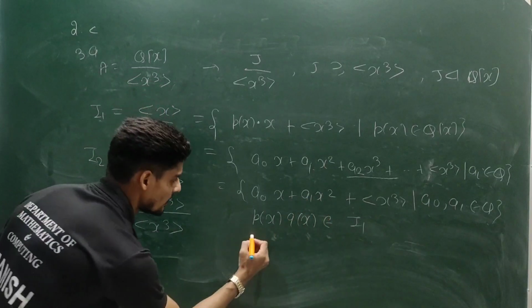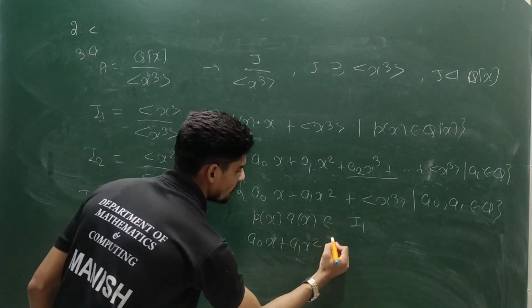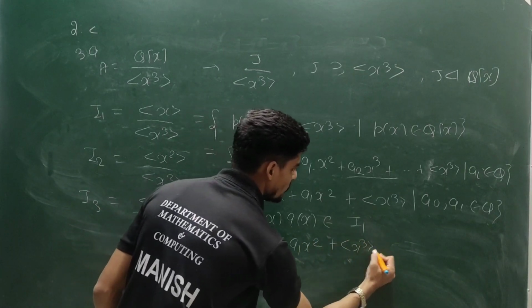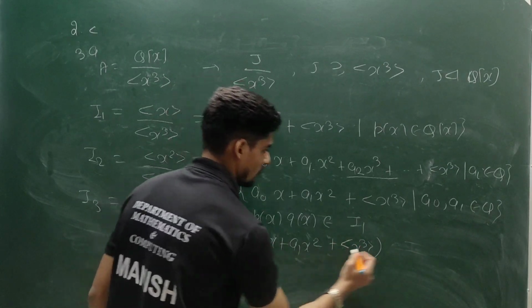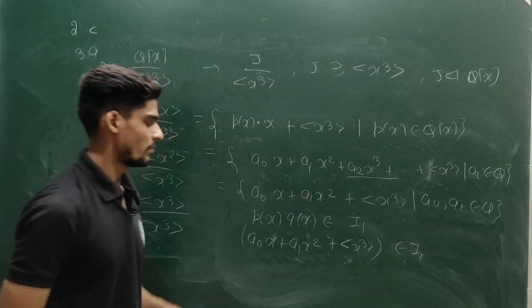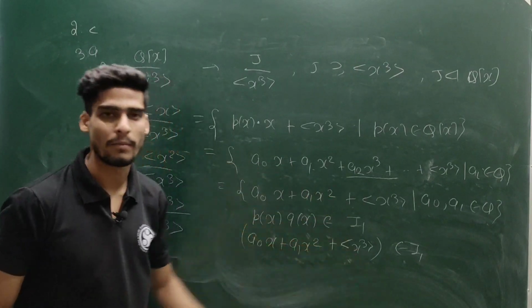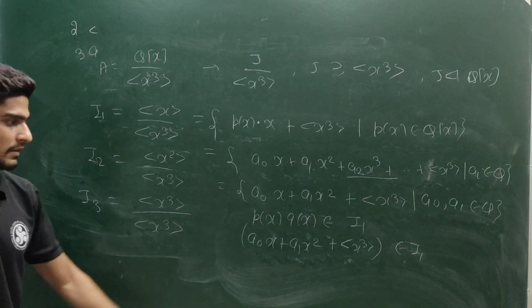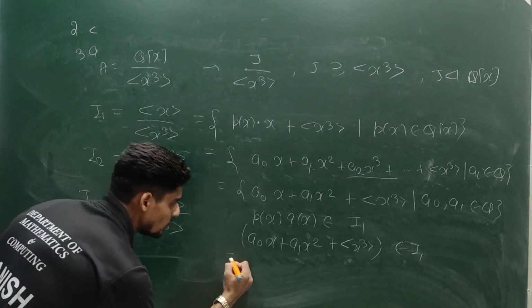So I can say this is a0x plus a1x square plus the ideal generated by x cube, is inside I1, because this whole is inside I1, so this whole member will look like this member. Now if you want to write them separately, then you can do one thing.